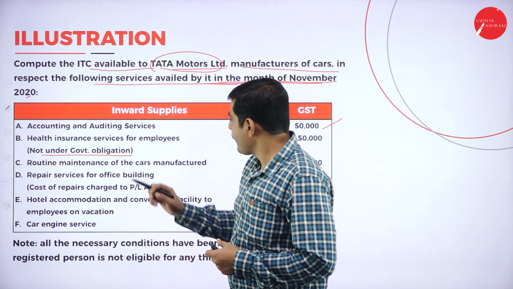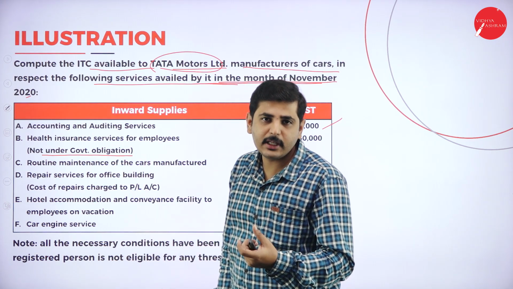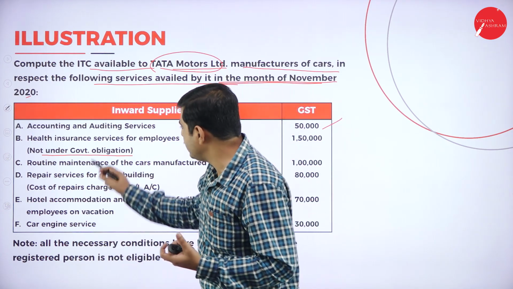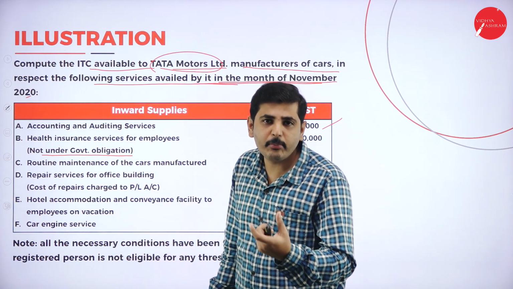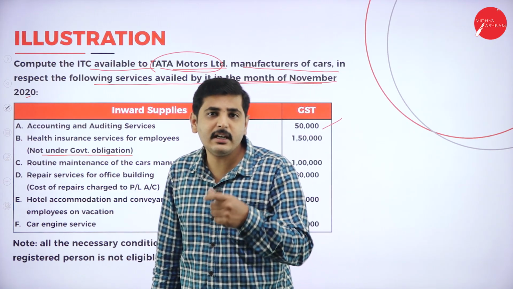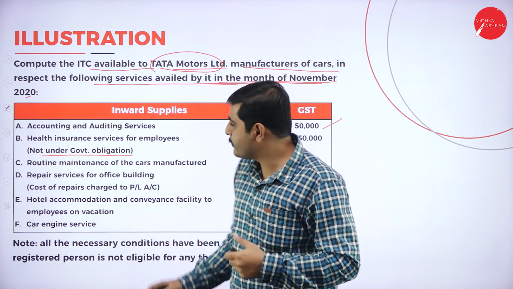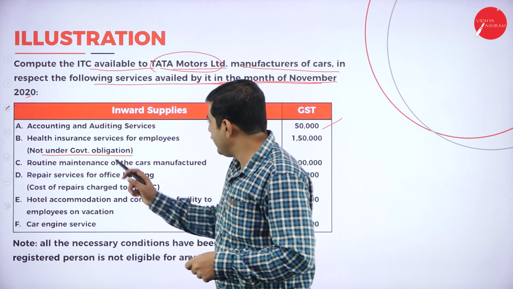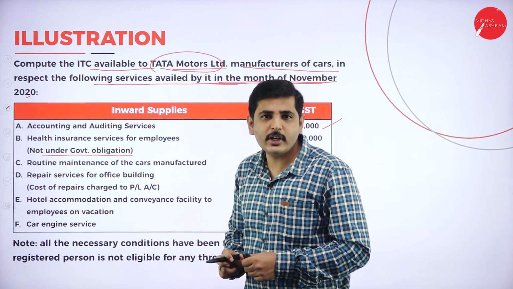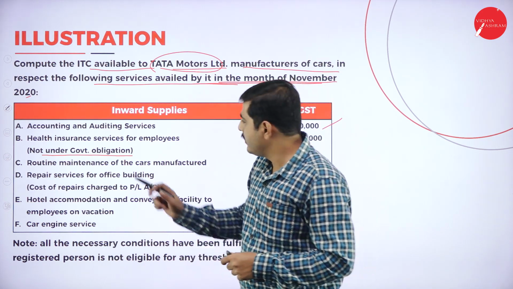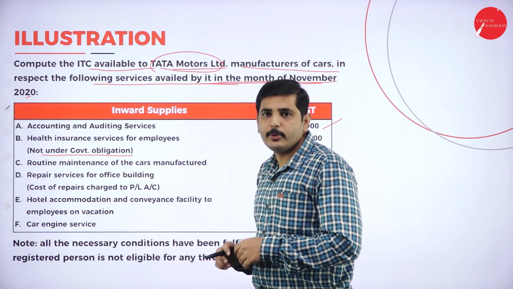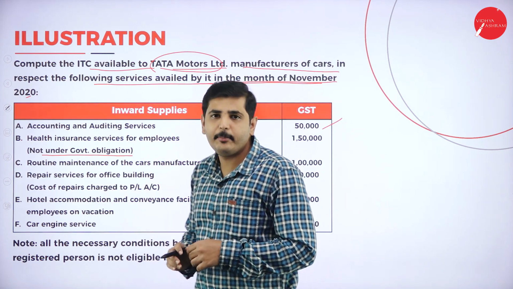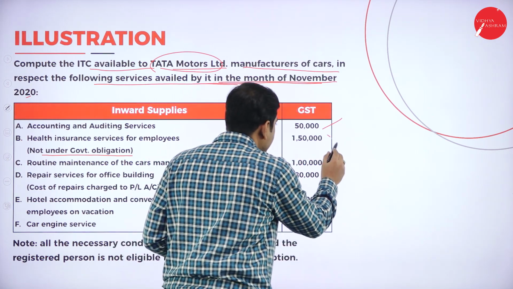If in case there is any obligation, rule, regulation or restriction from the government to provide health or insurance benefits to the employees, then ITC is available for the expenses spent on health insurance and other benefits. But here Tata Motors is providing health and insurance benefits apart from government regulations or obligation. Because of their own consent they are providing the health insurance. So for this point, the ITC is not available.